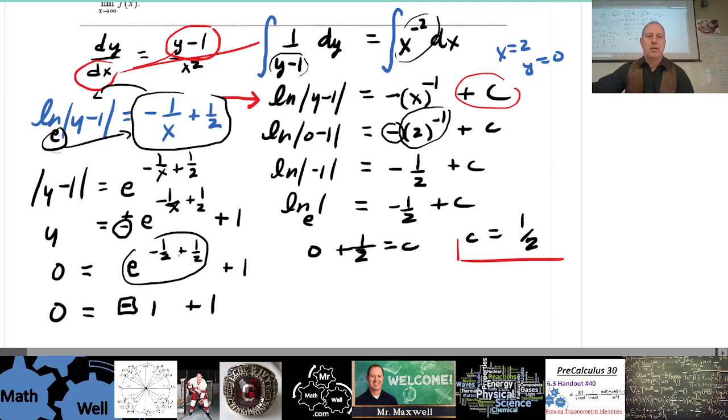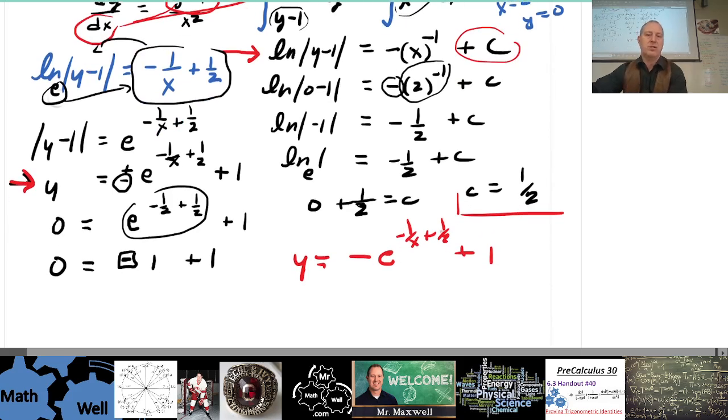Okay. So from here, I'm going to write this now in red. So it's going to be y equals negative e to the negative 1 over x plus 1/2 plus 1. I'm satisfied with that. In the past, we've simplified this a bit.